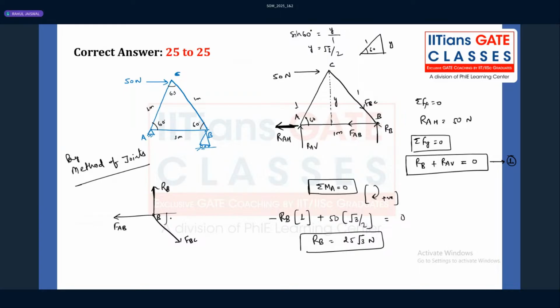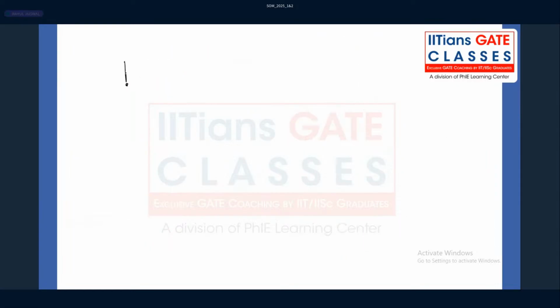So this angle is 60 degrees, this is 90 degrees. What about this overall angle? It is 150. And this value is 120 degrees. So again by sine rule, which I am discussing next, we have RB, FAB and FBC.